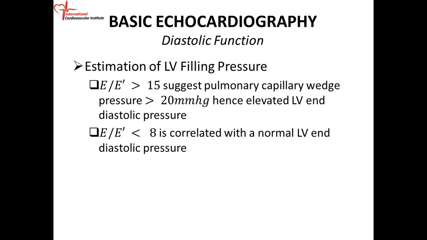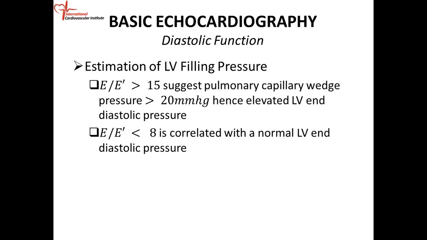You can assess that increase in pressure by looking at what we call the E to E prime ratio. So you remember the mitral inflow, you measure that E velocity, and then with your tissue Doppler imaging, you measure your E prime. The ratio of your E to E prime, if it's more than 15, then it suggests elevated left ventricular filling pressures.